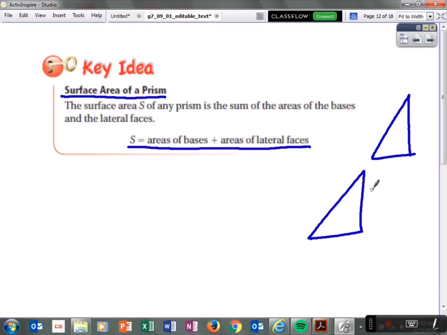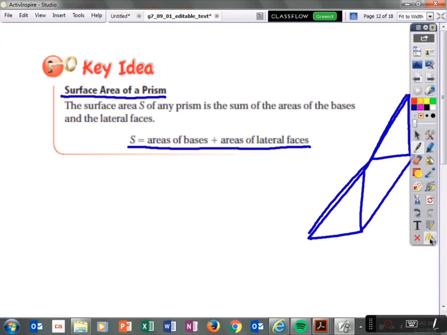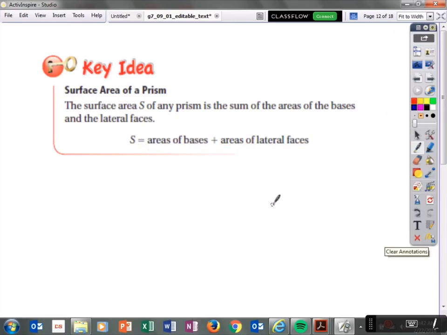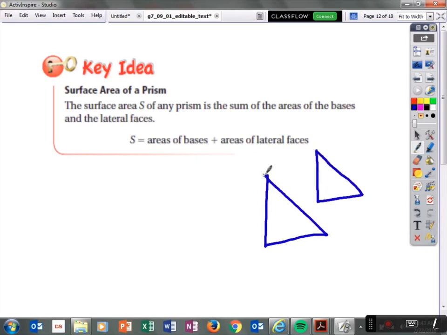It's gonna make like a mailbox. Okay, let me try again. A long triangle. Oh wait, there we go. That's better.